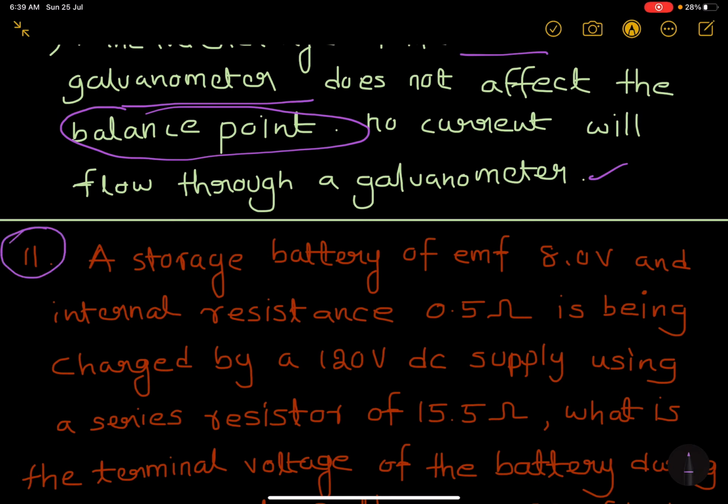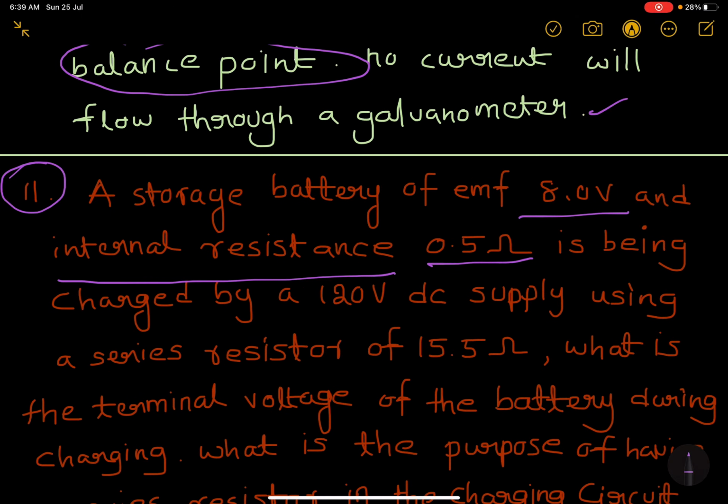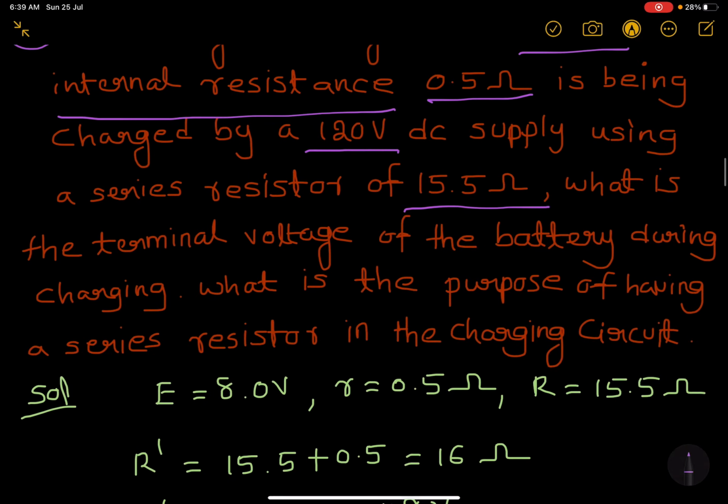Okay, 11th question: a storage battery of EMF 8 volts and internal resistance 0.5 ohms is being charged by a 120 volts DC supply using a series resistor of 15.5 ohms. What is the terminal voltage?